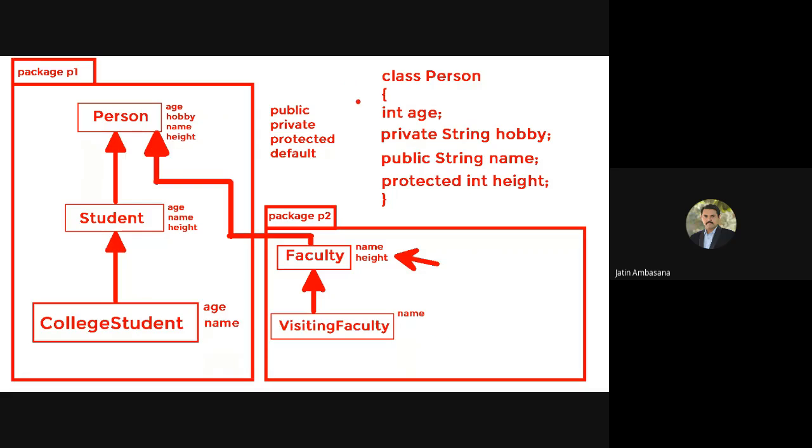But if you want to make all this available in this class also, and this class also, then what should we do? Tell me.